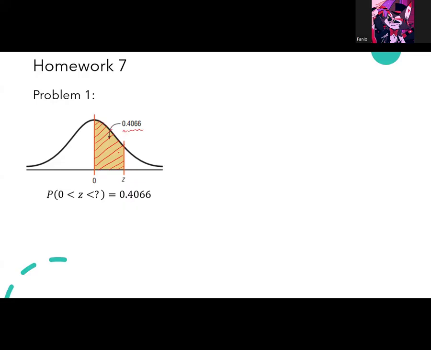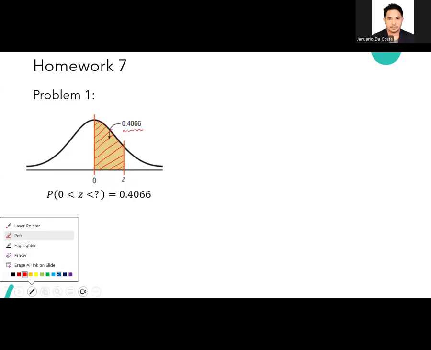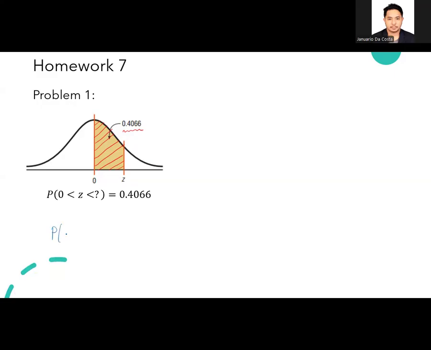Basically, we know that z equals 0, so we look at the table for the probability of z equals 0. That corresponds to everything in blue to the left of that line.